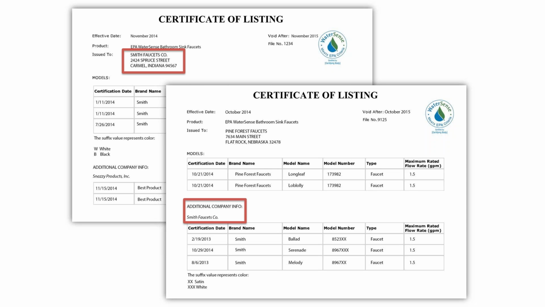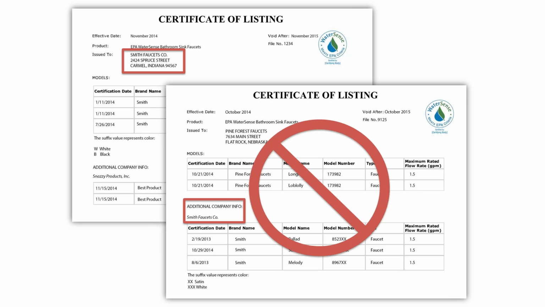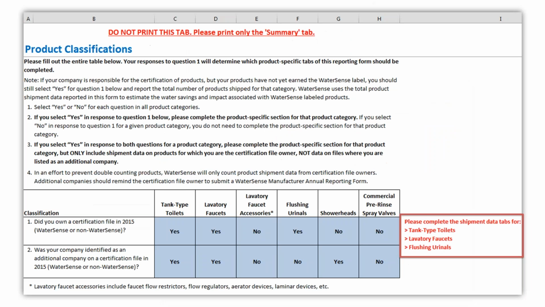In this example, Smith's Faucet Co. would submit shipment data for the products in file 1234, including shipment data for Snazzy Products Inc., but would not include shipment data for file 9125. Based on your completed Product Classifications tab in the Excel form, continue on to the appropriate product-specific tabs listed in column I to enter shipment data.